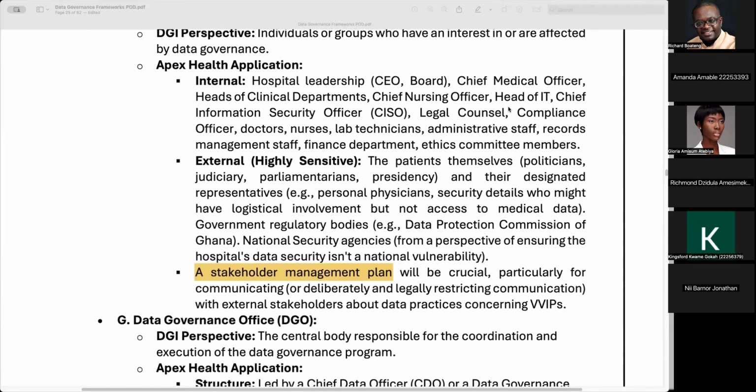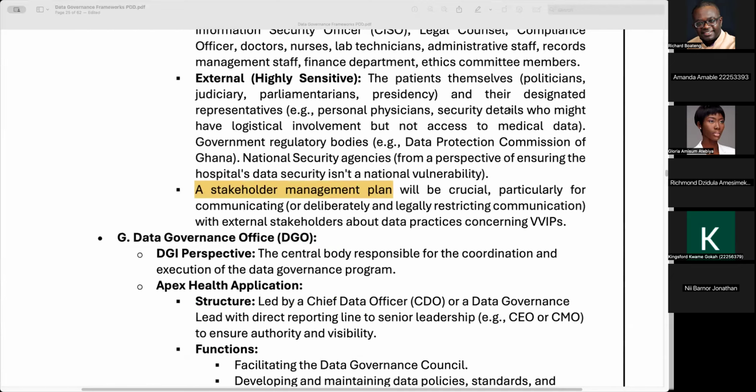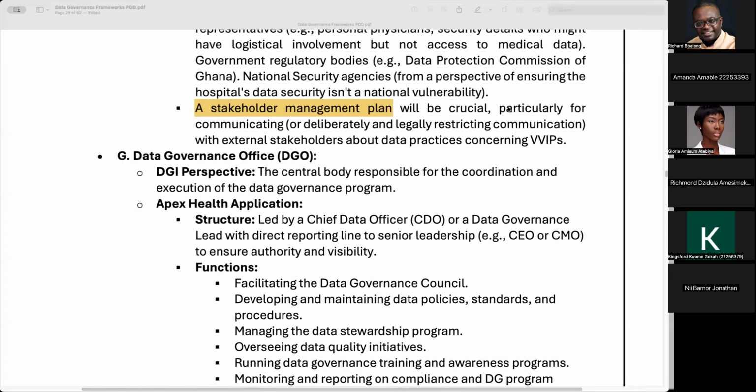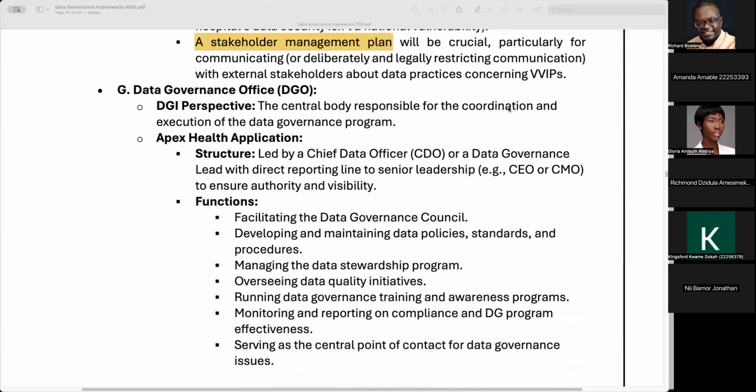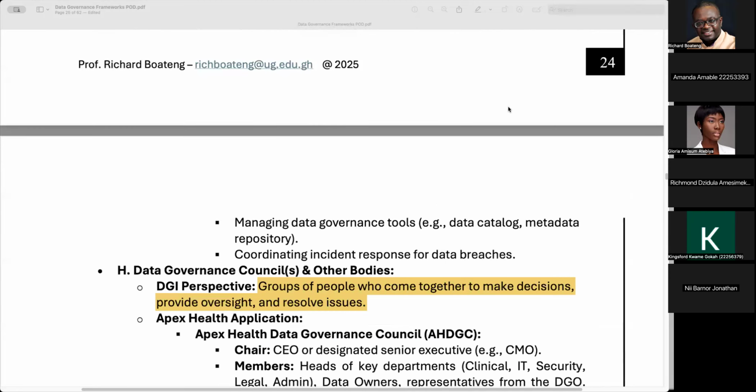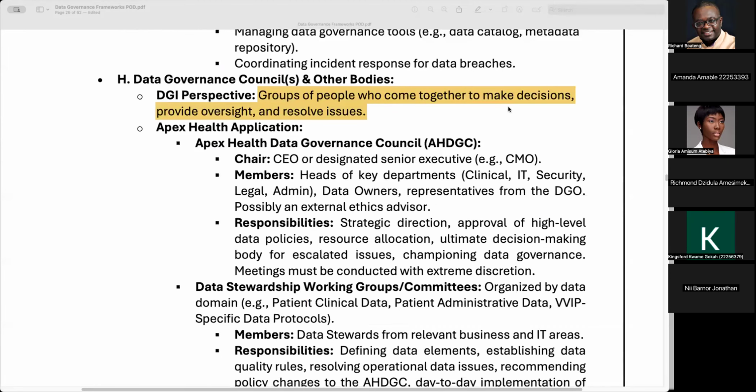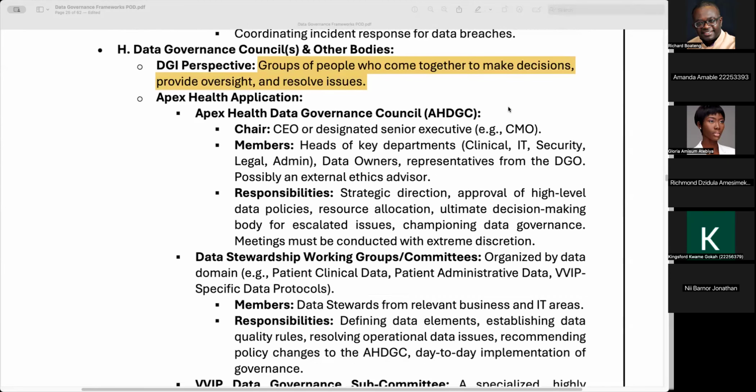And DGI envisions data governance councils and potentially other bodies. Often a layered structure, yes. A main high-level Apex Health Data Governance Council, HDGC, likely chaired by the CEO or another very senior executive, would provide strategic direction, approve major policies and resource allocations, resolve escalated issues that couldn't be handled at lower levels, and act as visible champions for data governance.